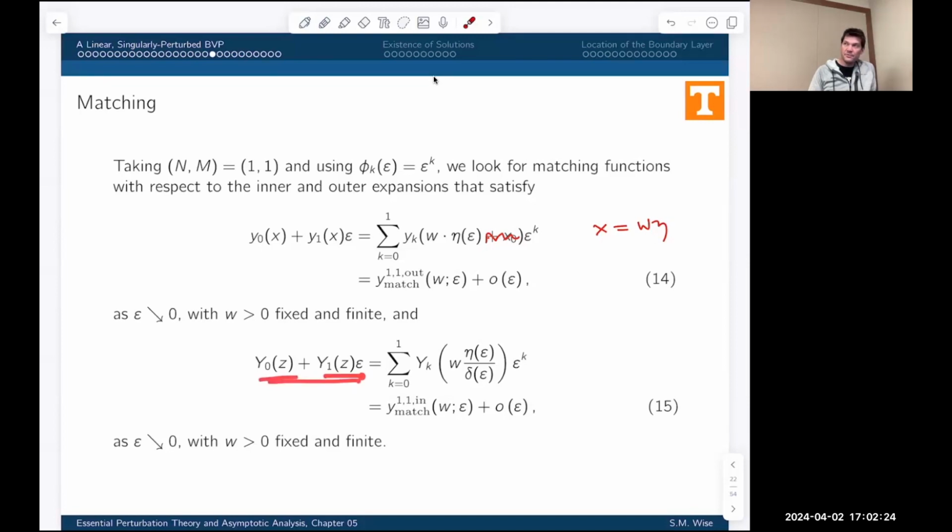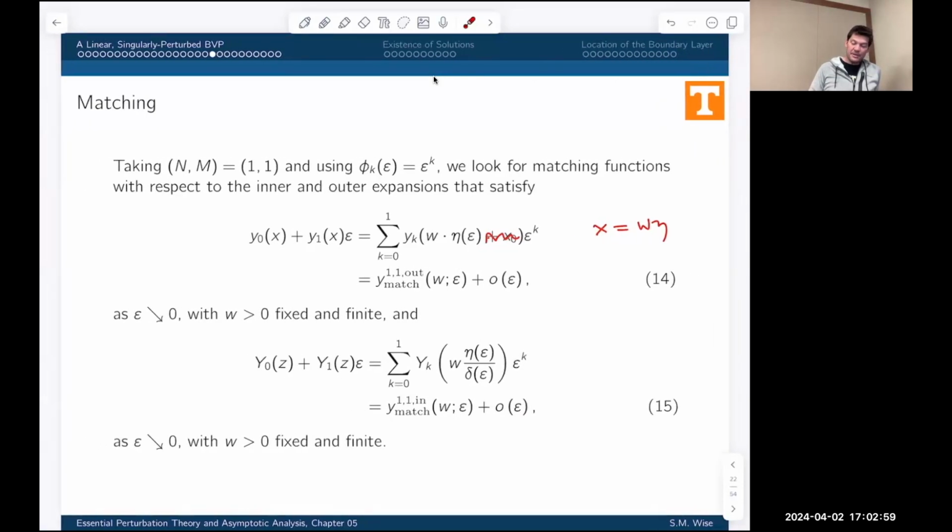I'm going to write those in terms only of W, eta, and delta. In other words, I'm going to get rid of Z and write it in terms of W. Then I do some expansion technique and only keep terms up to little o of epsilon, as epsilon goes to 0 and W is assumed to be a finite fixed number. So this is the procedure.